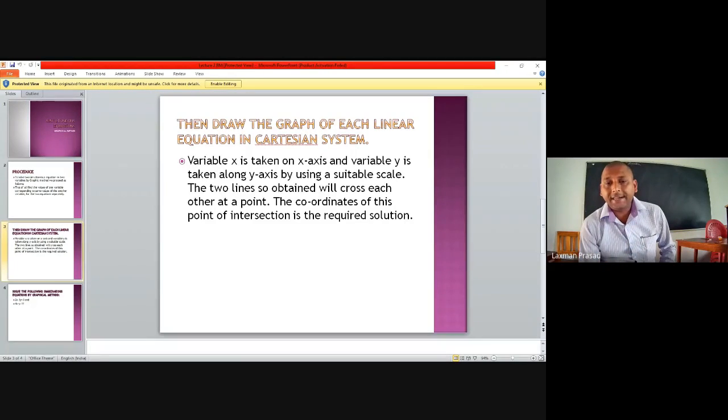The coordinates of this point of intersection is the required solution. तो ये जो both equations in form of lines एक दूसरे को intersect करती हैं, इसकी जो value होगी वो x और y की value, ठीक है?